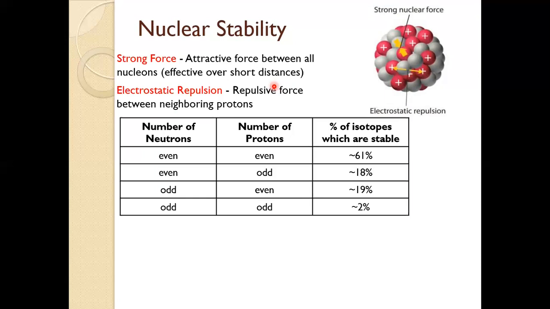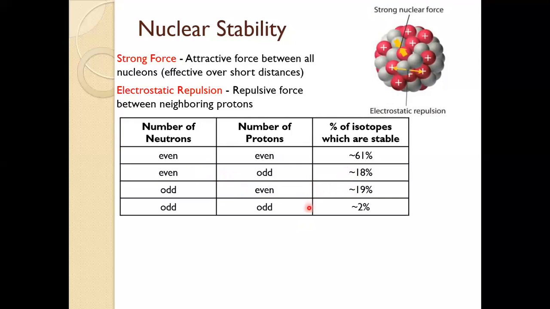Here's a survey of which isotopes are stable and which are unstable. What we find, kind of interesting, is that over 60% of all the isotopes that we know are stable, that do not emit any radiation at all, have both an even number of neutrons as well as an even number of protons. Those with either an even number of neutrons or an even number of protons make up almost 37% or so.